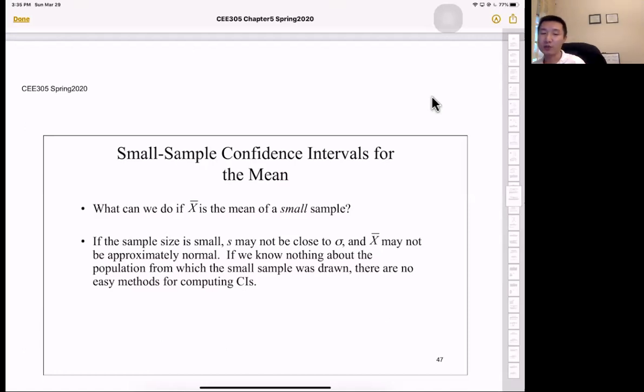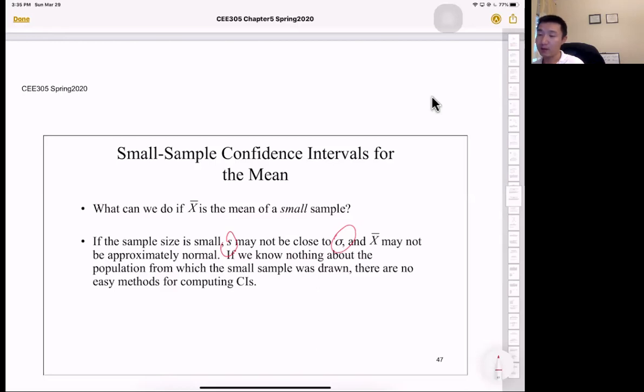So what can we do with the mean of small samples? When the sample size is small, less than 30, the sample standard deviation may not be close to the population standard deviation sigma, and the sample mean may not be normal.